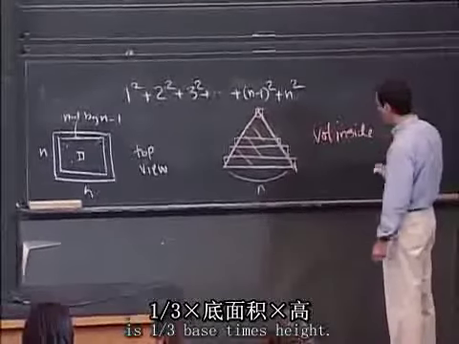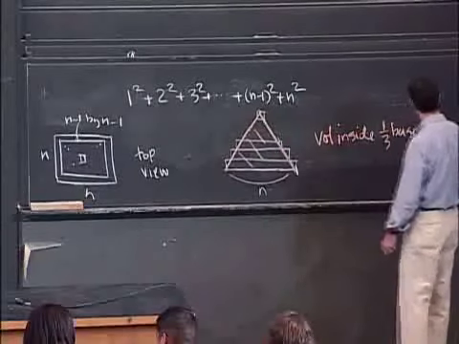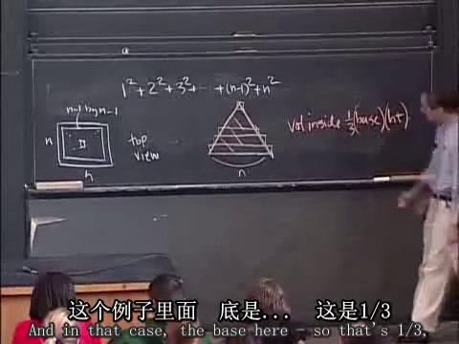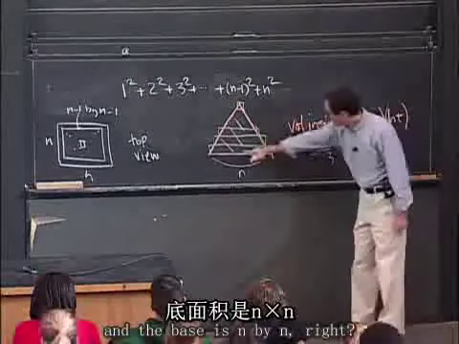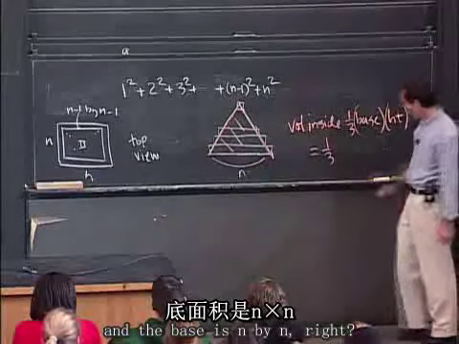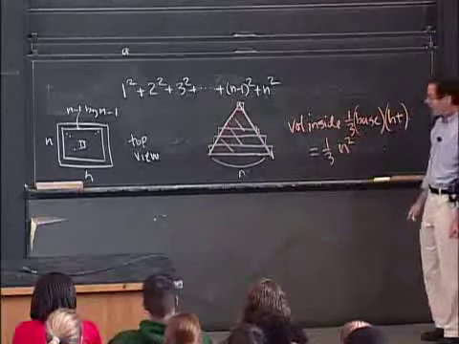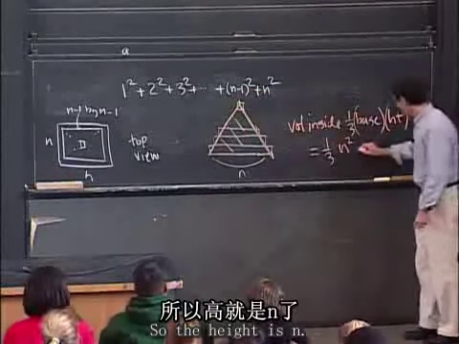is 1/3 base times height. And in that case, that's 1/3, and the base is n by n, right? So the base is n squared. And the height, it goes all the way to the top point. So the height is n.